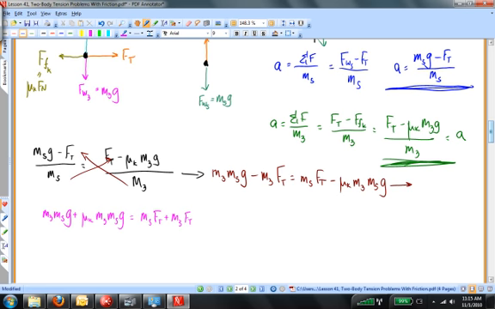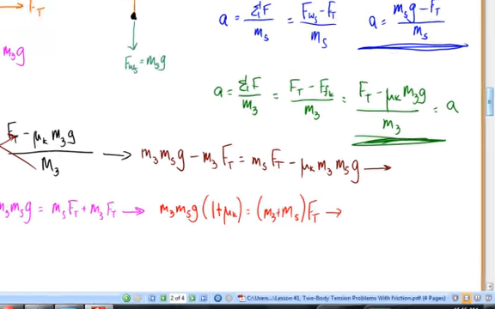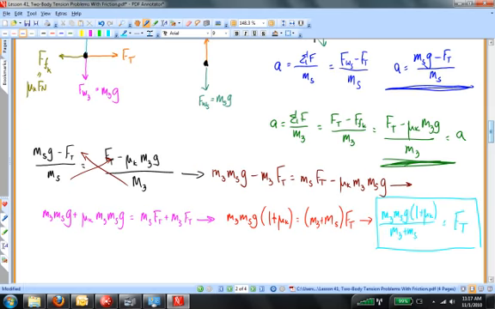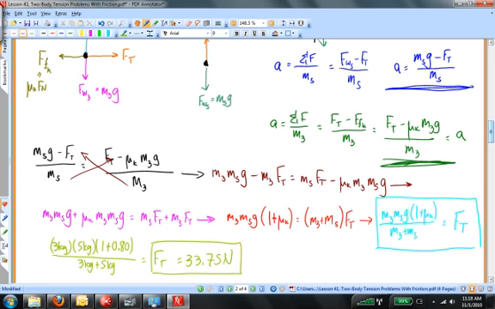Now I'm going to factor common things on both sides, finally get Ft by itself, and there's an expression for Ft. Now I'll substitute the numbers into the calculator, and I get that the string tension is just under 34 newtons.